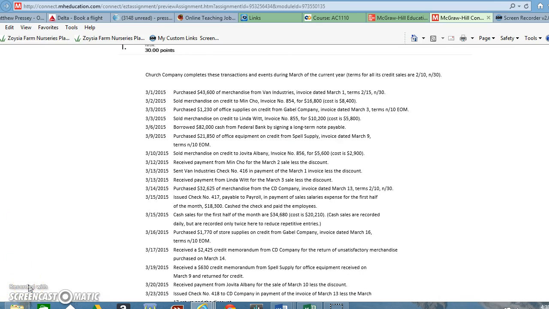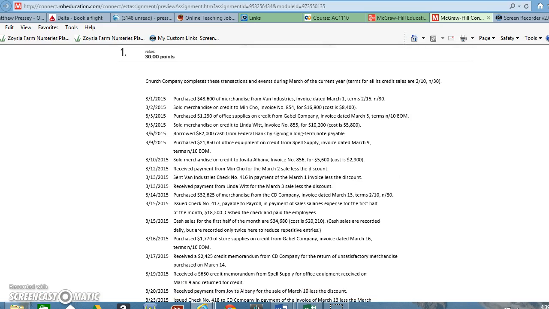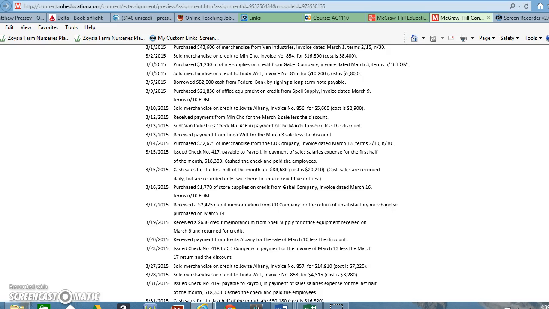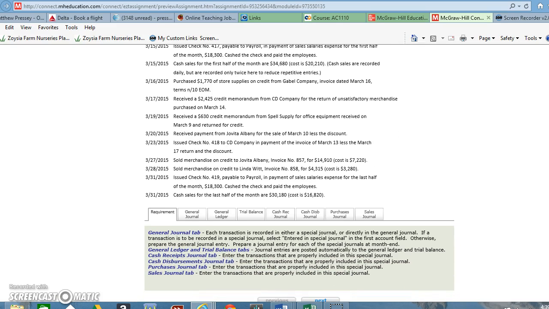Okay, guys, I've jumped into the assignments for the week. Assignment one here in the McGraw-Hill Connect system mirrors what we've done with the other Connect assignments so far this mod. Basically, they give you a list of transactions and you'll have to journalize them, transmit those journal entries into the general ledger, and create a trial balance based on what's happened for this month of transactions.